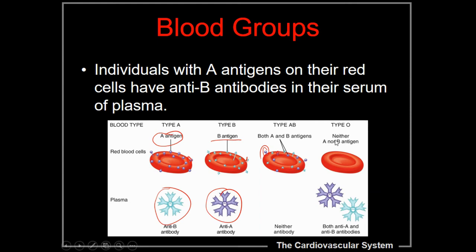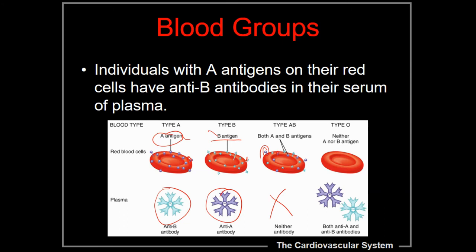Now, if you are type AB, your blood has both A and B antigens. So you have zero antibodies fighting the AB blood group or antigen, because then your immune system would attack your own blood, and your immune system isn't going to do that.